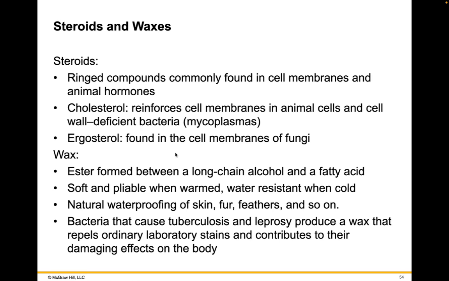So what is wax? Wax is these long chains of alcohol and fatty acids bound with an ester. And they're soft and pliable when they're warm. They're also water resistant when they're cold. So this function of wax is natural waterproofing of your skin. It doesn't keep water out of your skin, it keeps water in your skin. And so that's what it's doing for you.